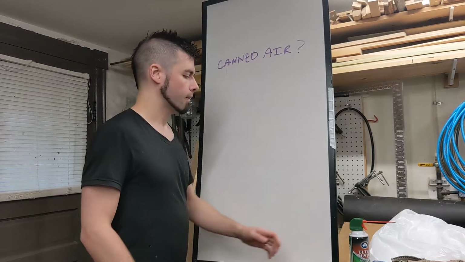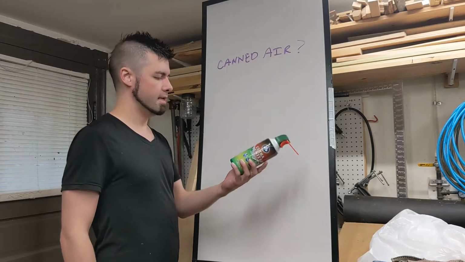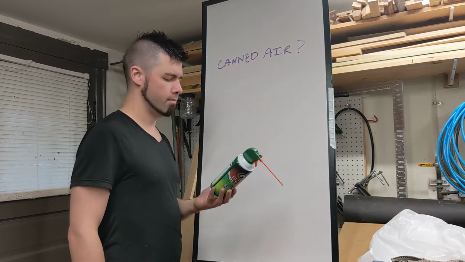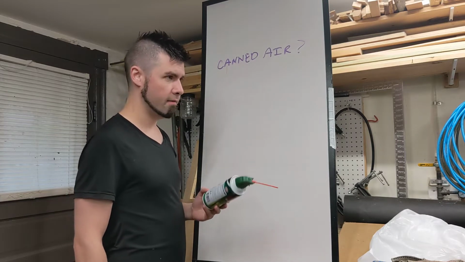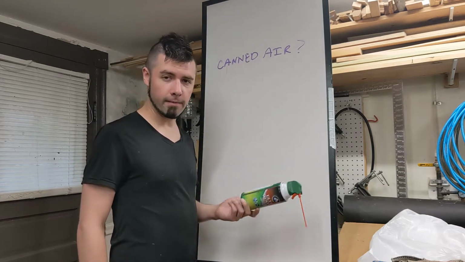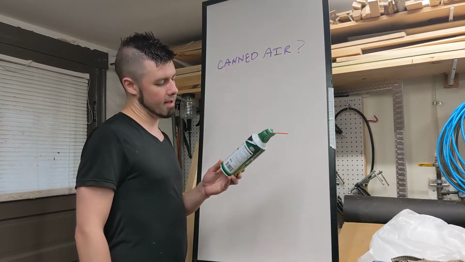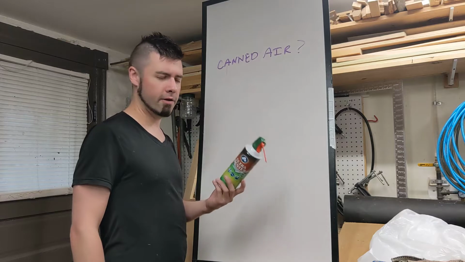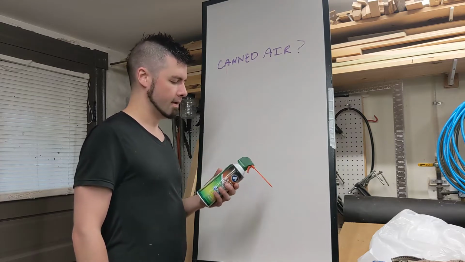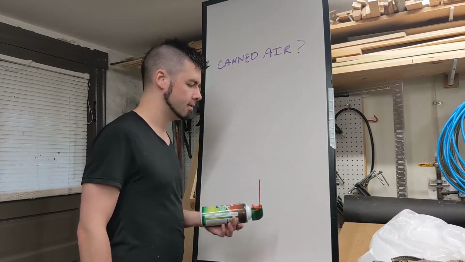Well, the stuff that is in here is chemically what a lot of us would refer to as Freon, refrigerant. Okay, it's a fluorinated hydrocarbon that is in these cans.